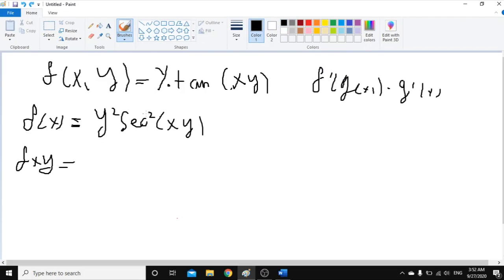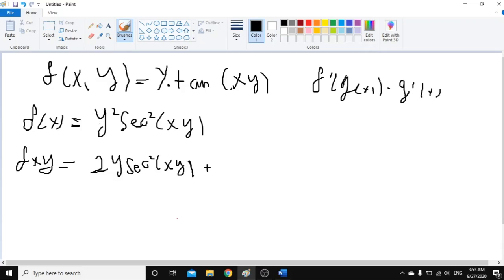So the product rule says I need to choose the first one, I take its derivative, and the second one I write the same, and I write plus, and I do the opposite to the other function. So let's start with the y squared. I will write 2y, the derivative of y squared with respect to y is 2y, and then I write secant squared xy the same, secant squared x y, and then I write plus.